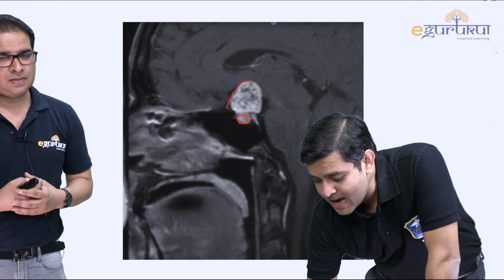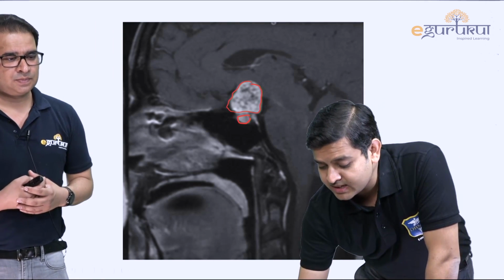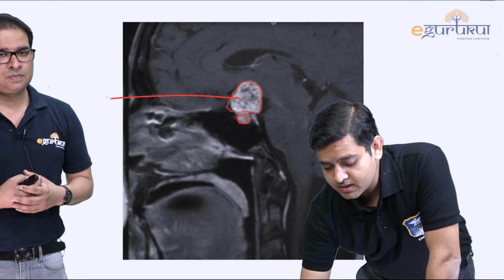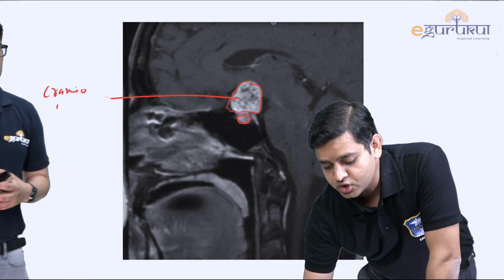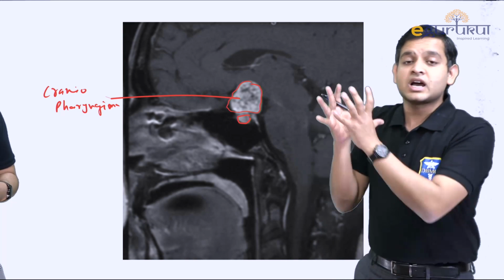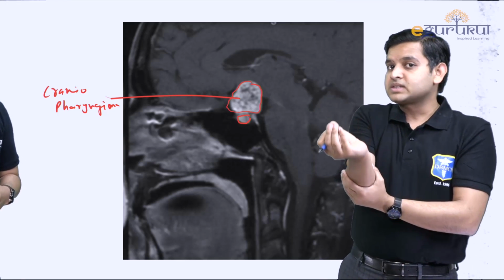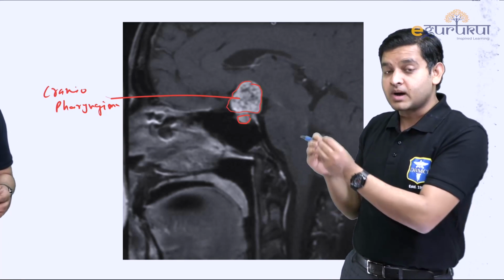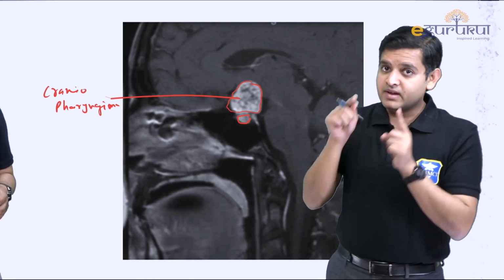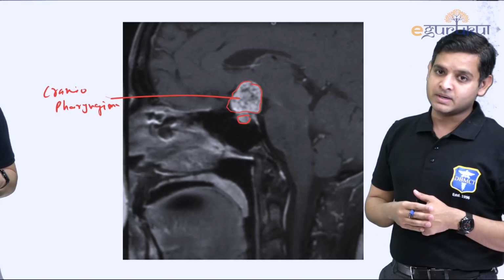If we see a mass in the region of the suprasellar cistern, the first mass that came to my mind is a craniopharyngioma. Again, from pediatric or surgery knowledge, the most common mass located in the suprasellar cistern is a craniopharyngioma. So the knowledge of the cisternal anatomy will help you in picking up the right knowledge at that particular space.